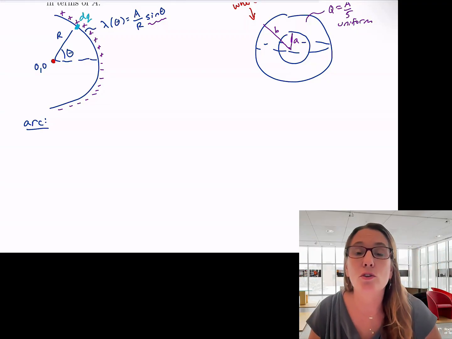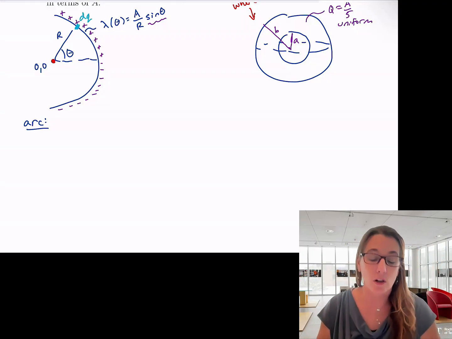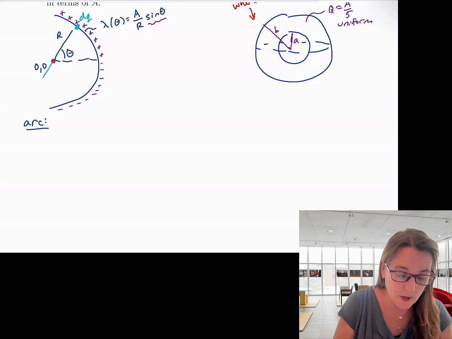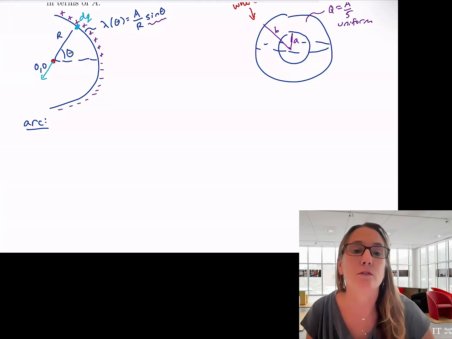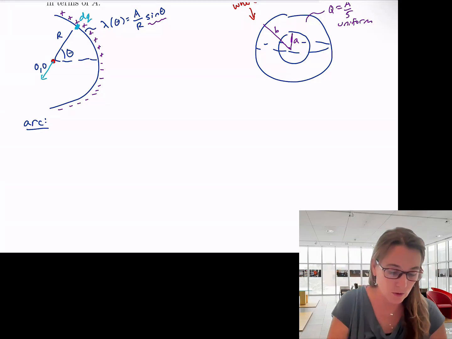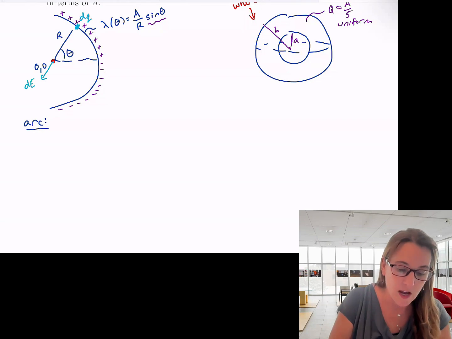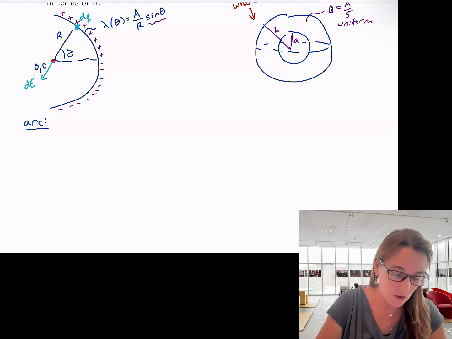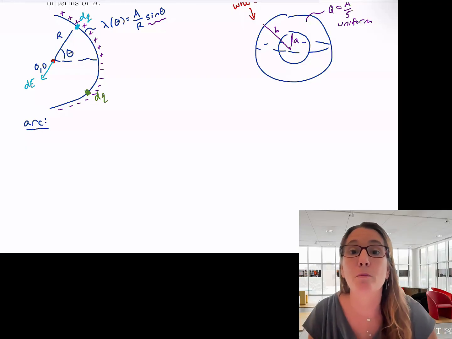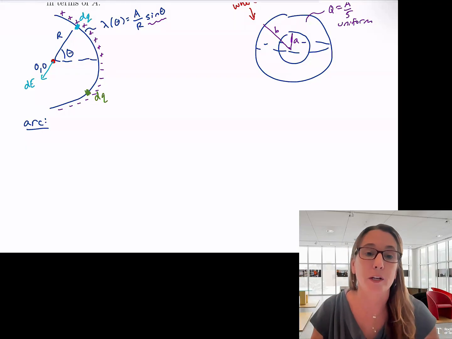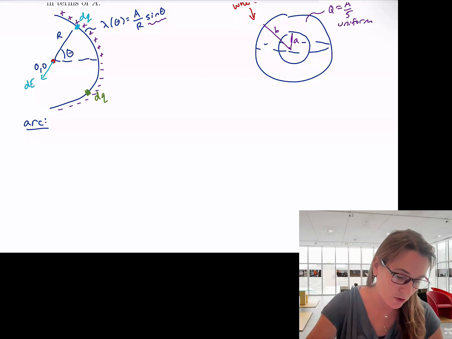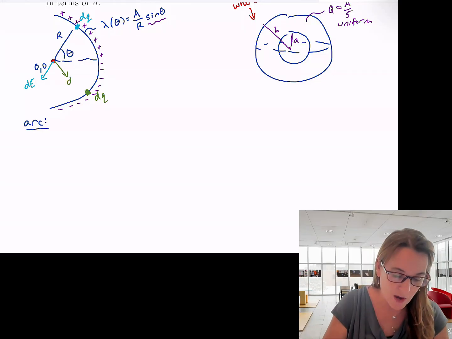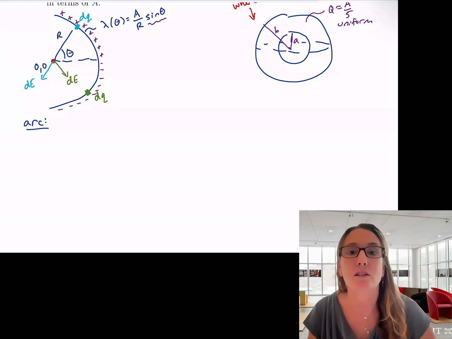And that dq is creating a tiny little electric field dE, and that's going to point away because it's a positive dq in that upper quadrant. So this is one dE. And then we can visualize another dq symmetrically on the bottom portion in order to get an overall picture. And that's negative down there, so we're going to have a dE that points towards that dq.